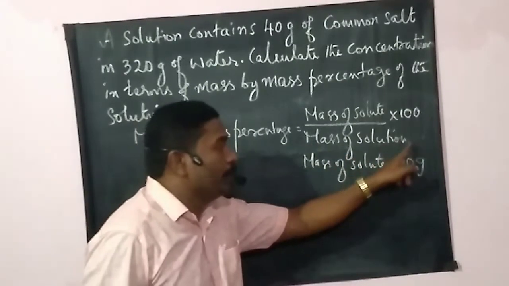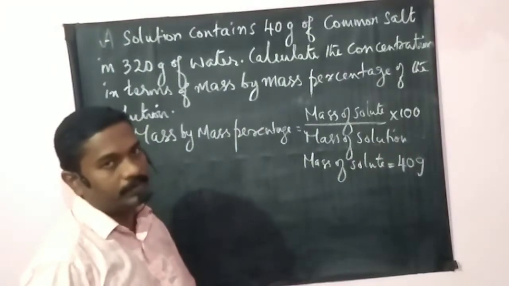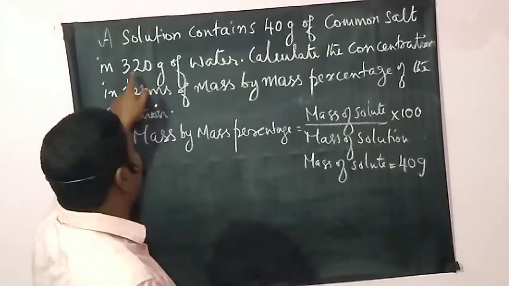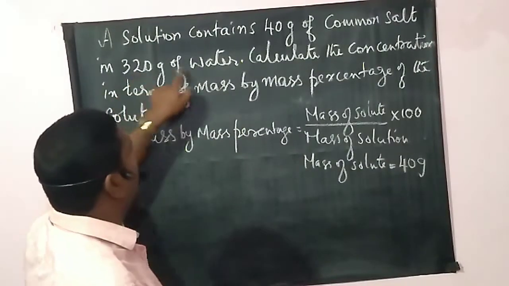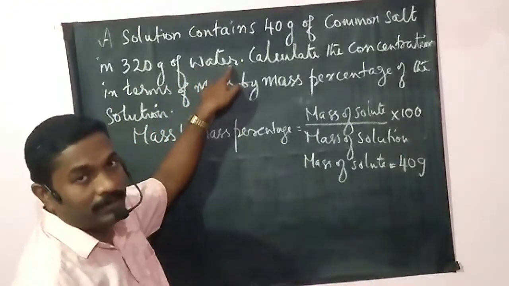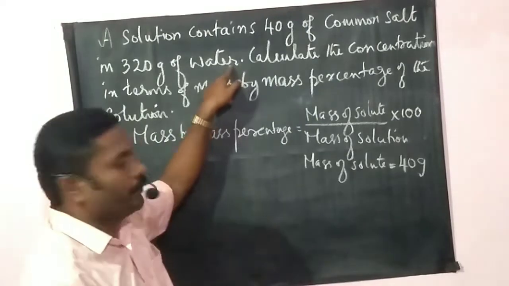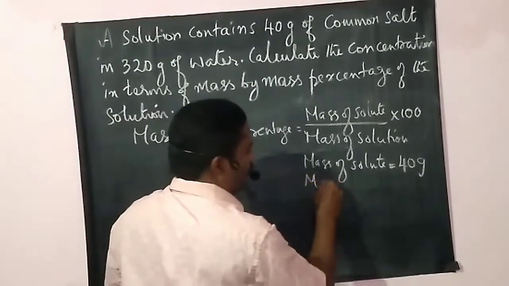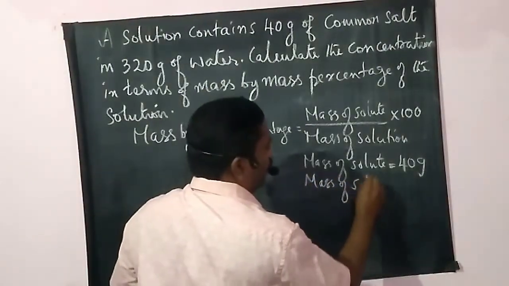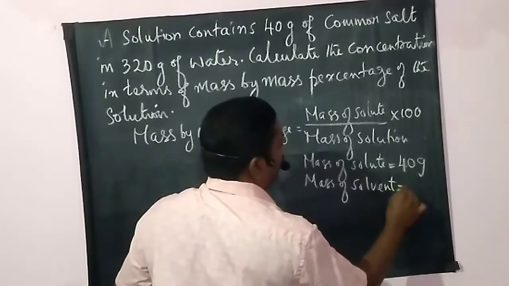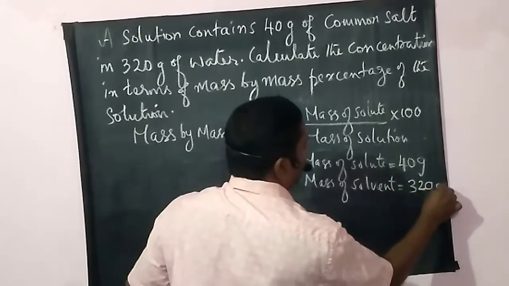Mass of solution. And what's the next digit given here? 320 gram of water. Is it solution? No, it is solvent. So mass of solvent is equal to 320 gram.